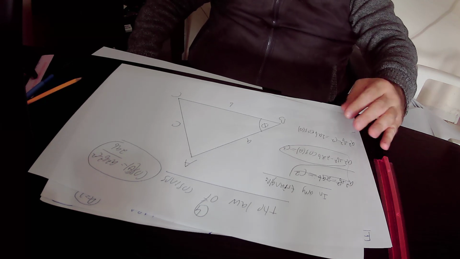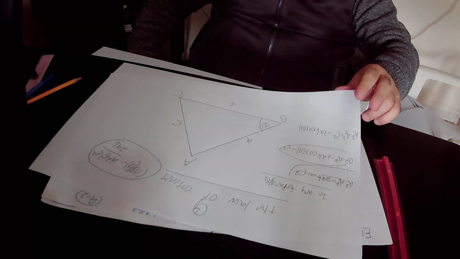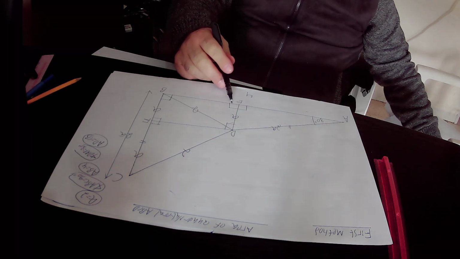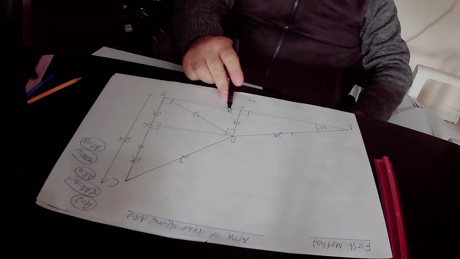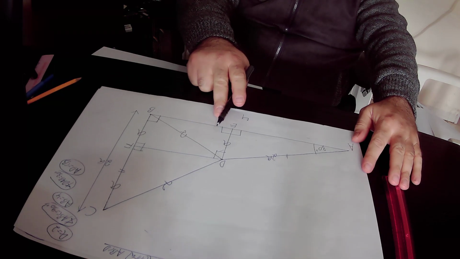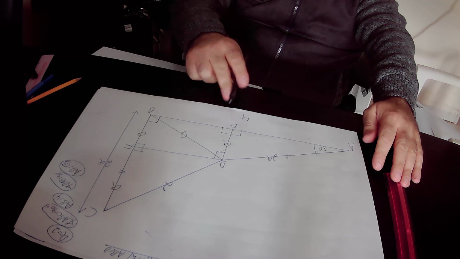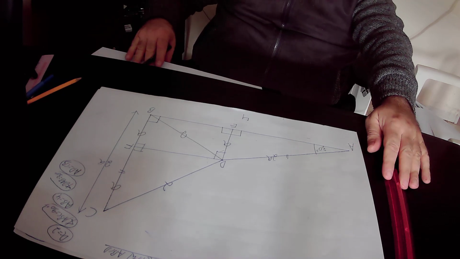And we can implement the law of cosines in our triangle ADB. So I will copy this triangle ADB in a new page, and we will implement the law of cosines in this triangle ADB.